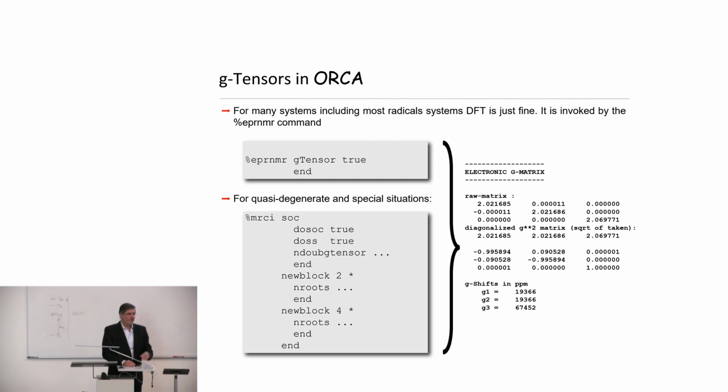The G-tensor is known to be only weakly gauge dependent, and so most of the time you get away by choosing a reasonable origin, and a reasonable origin is then the center of spin density or the center of electron density or the center of mass. That will not vary very much. My personal recommendation would be, if you don't use GIAOs, then use the center of the spin density. That makes the most sense, and the manual will tell you.